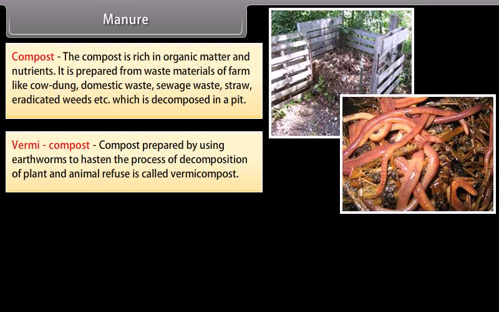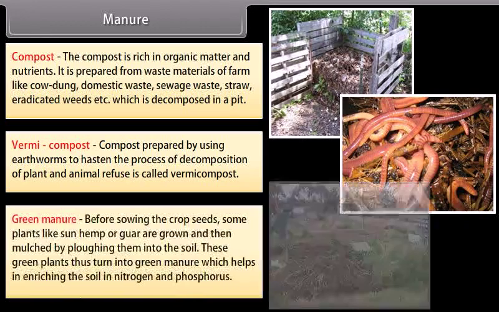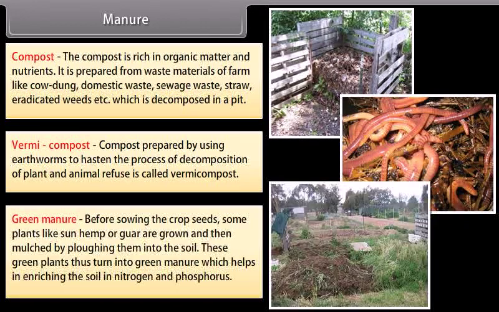Compost prepared by using earthworms to hasten the process of decomposition of plant and animal refuse is called vermicompost. Green manure. Before sowing the crop seeds, some plants like sun hemp or guar are grown and then mulched by plowing them into the soil. These green plants thus turn into green manure, which helps in enriching the soil in nitrogen and phosphorus.